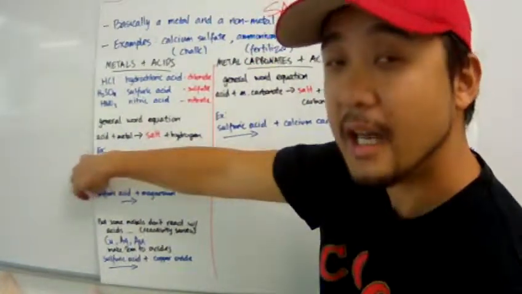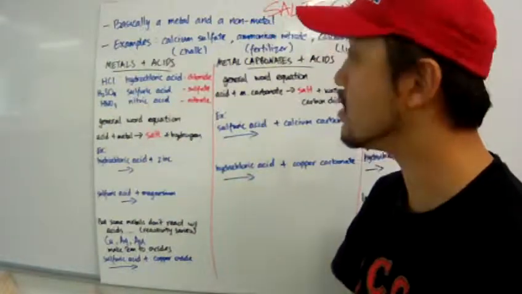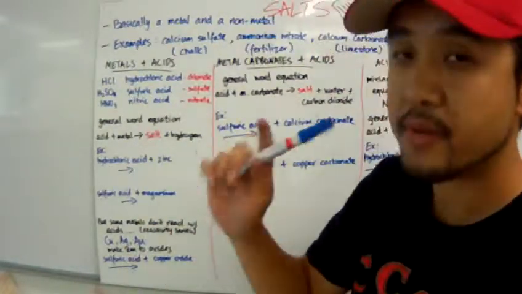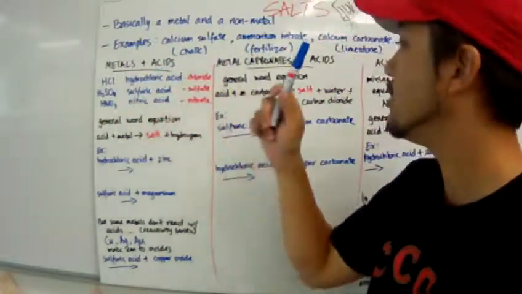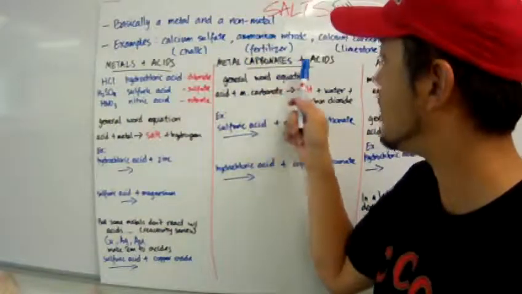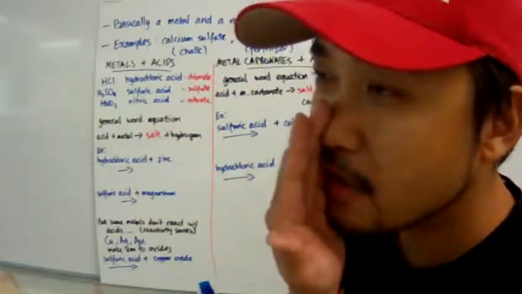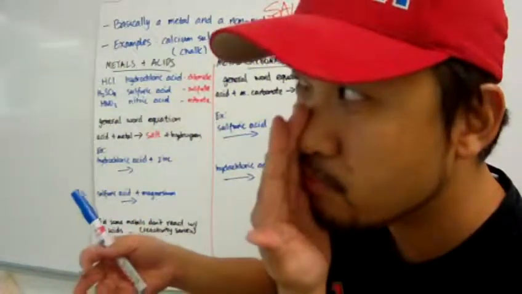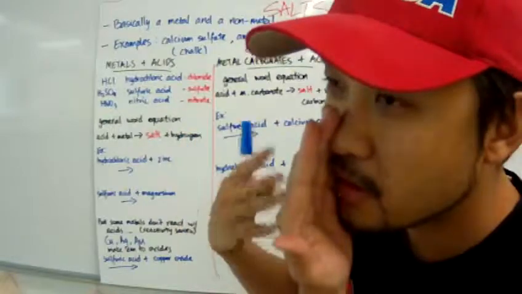So, in a lab, there are basically three methods to make salts. The first way is to mix metal and acids. The second method is to mix metal carbonates and acids. Now, metal carbonates are another type of salt, so you're just taking one type of salt and making another salt.